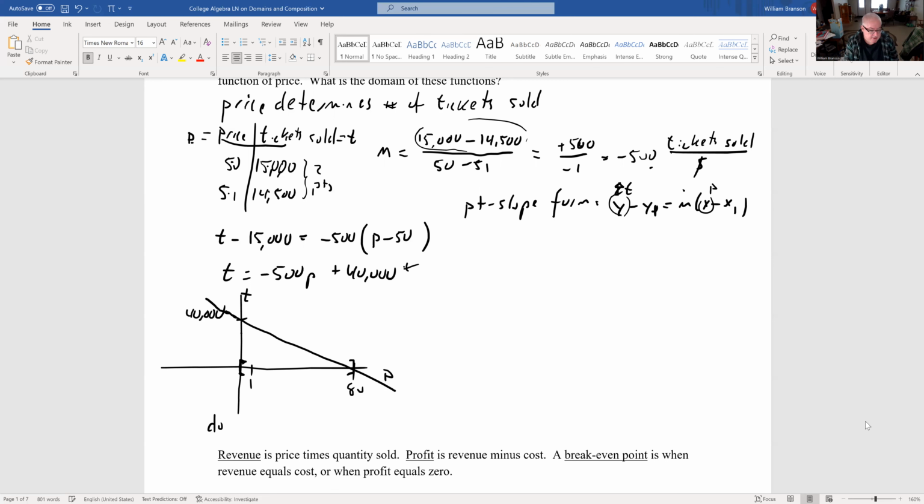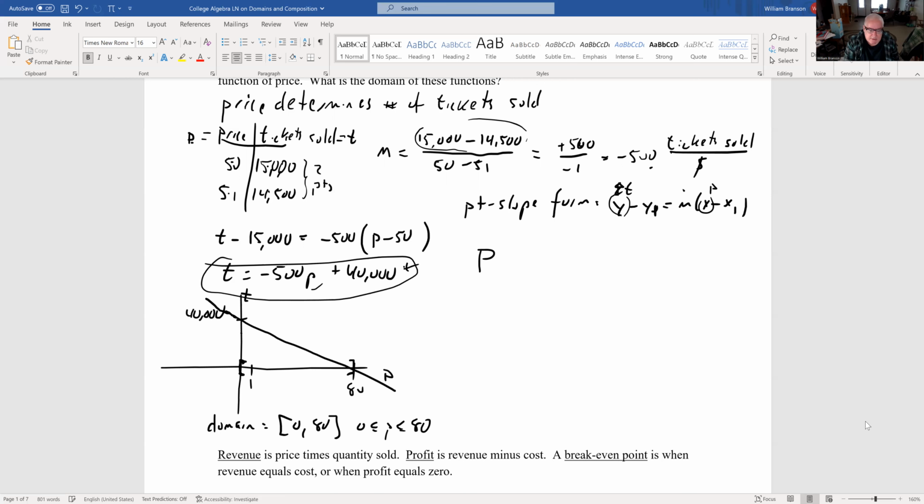So the domain here for the word problem is 0 to 80, or your prices should be between 0 and $80, right? More than 80, nobody shows up. Less than 0, you're giving them away. And that's different from the domain of the formula, which says you could set the price to be any number you want and get an appropriate ticket sales. But the formula doesn't apply in every case for this word problem.